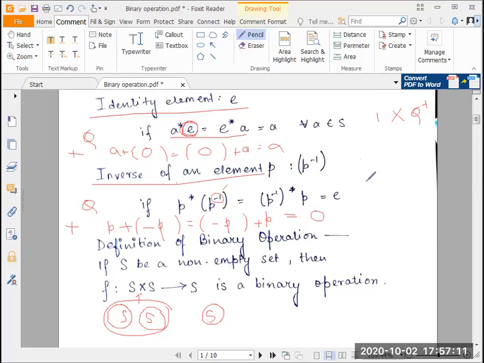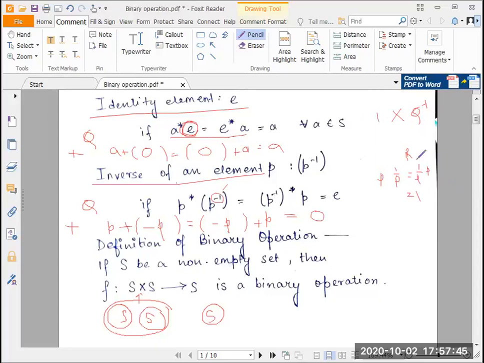Similarly, this won't work as integers. In case of, let's say, real numbers, any element P multiplied by, let's say, 1 by P will be the same as 1 by P multiplied by P, which will return me 1, which is also the identity element of multiplication on the set of real numbers.